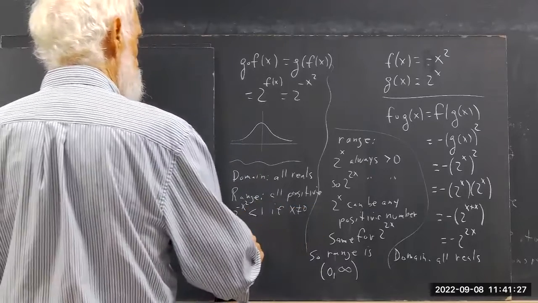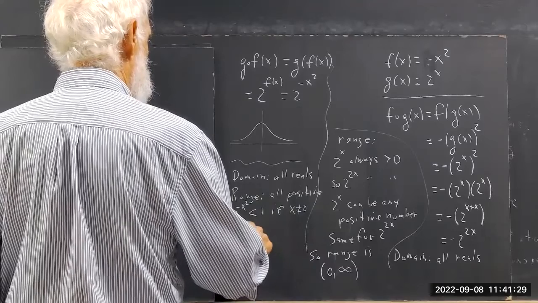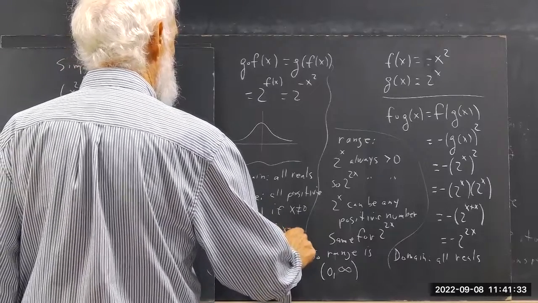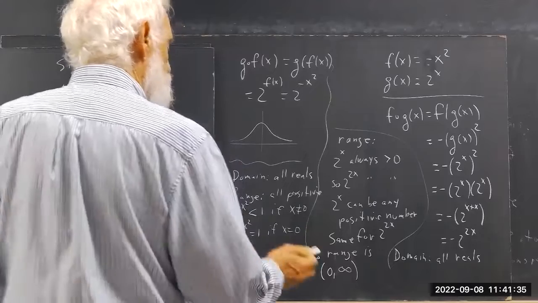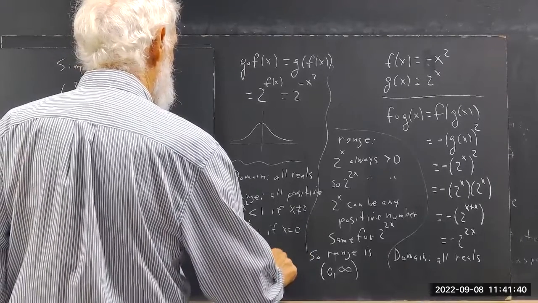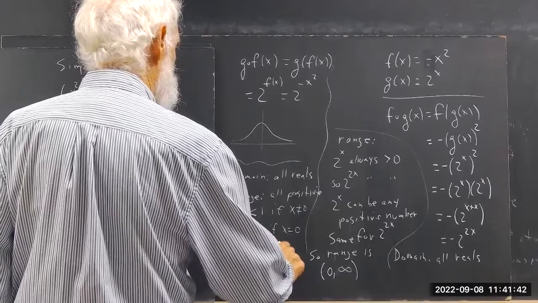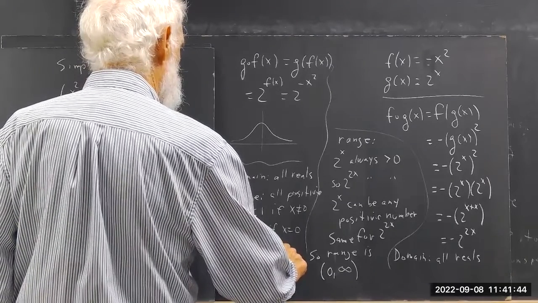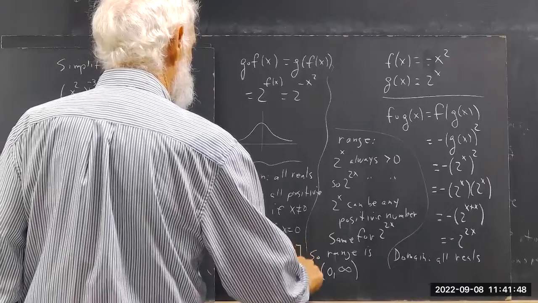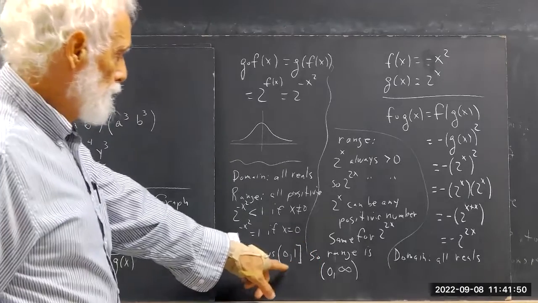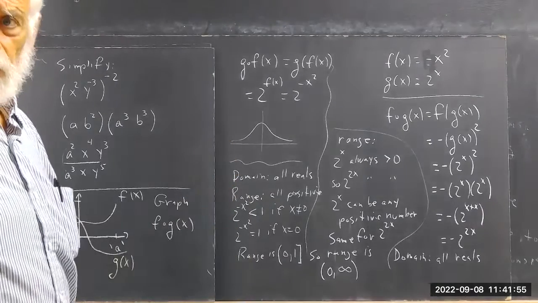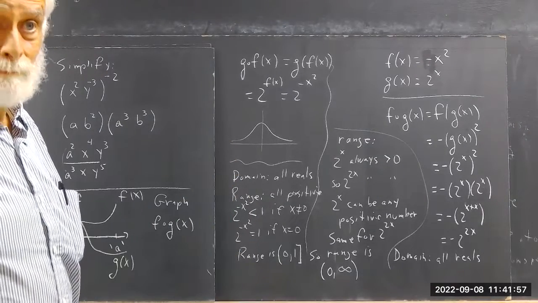It's less than 1 if x isn't 0. It's equal to 1 if x equals 0. So the range is the interval 0, 1. It's worth thinking about. Worth taking another look at.